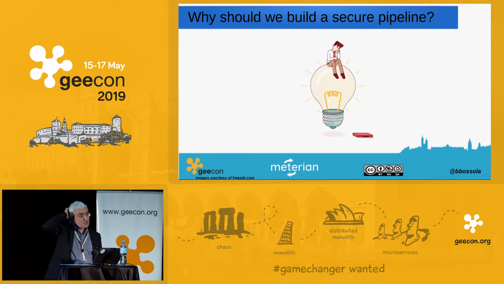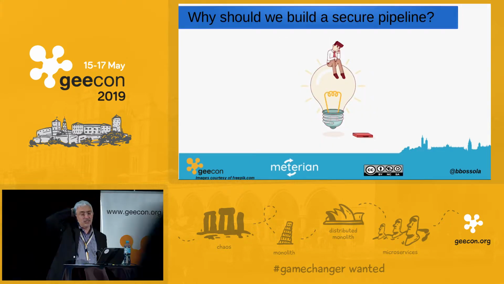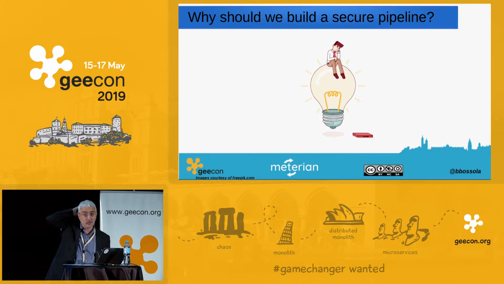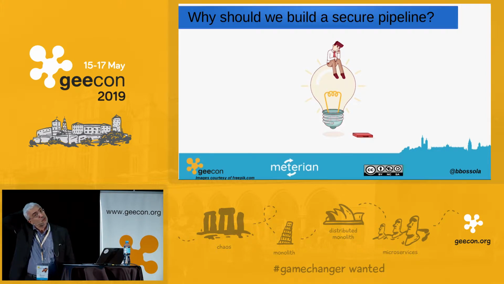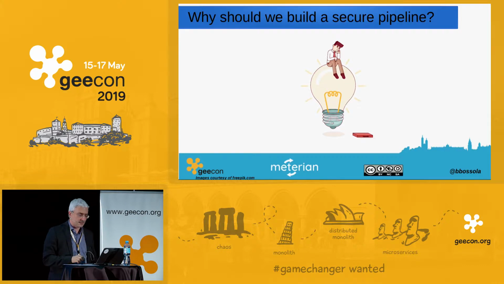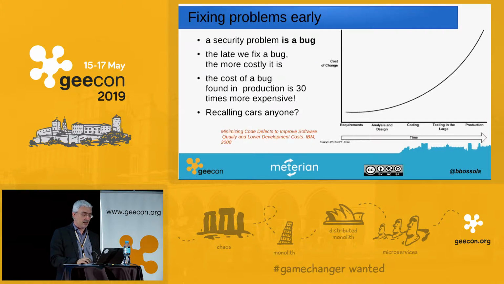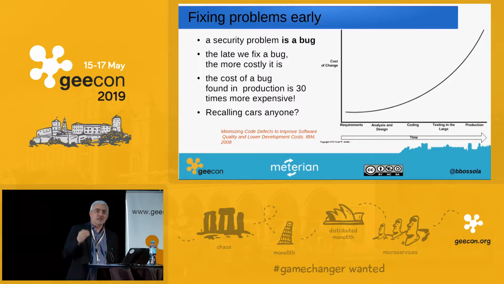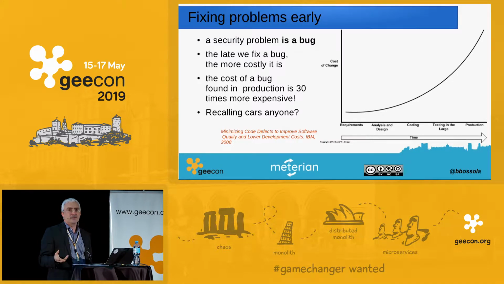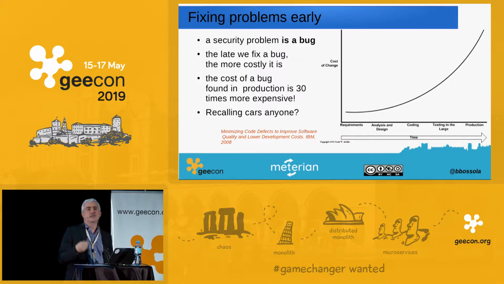All right. So why do we need to build a secure pipeline? This is a good question. Because we may say we don't, but the reality is that we do because of some problems that are already happening. There was a long list this morning, and there's the same image this morning. So amazing, we have the same concept here. Basically, a security problem is a bug, so you should consider it a bug that needs to be fixed.